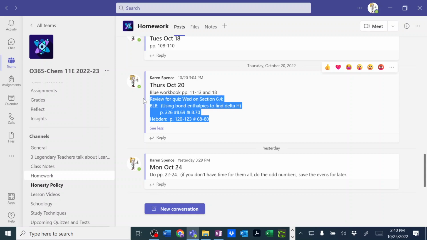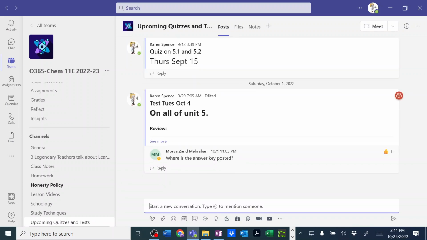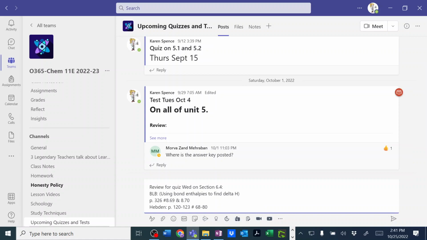There we go. Copy that and we'll stick it in the upcoming quizzes and tests as well. There we go. Yeah, so just 6.4. No, not the bonding, just 6.4.